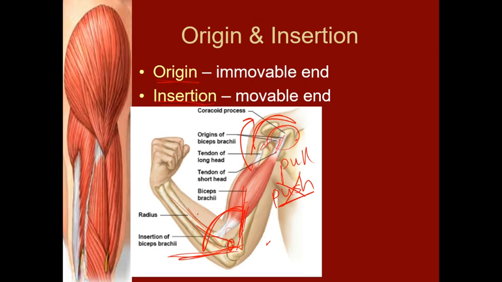If I want to flex, then my biceps get shorter and they pull on this bone to make it go that way. But if I want to take that bone and move it back out again and increase that distance and make that arm straight, these biceps cannot push on that bone to pull it out.